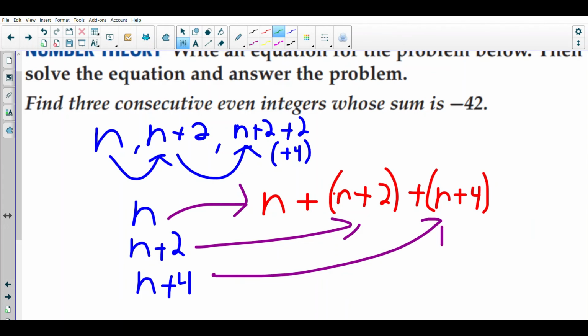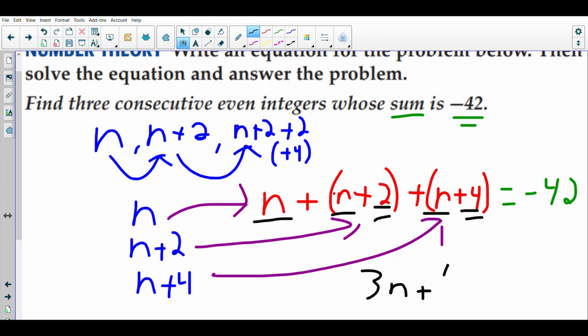And those are equal to the sum of -42. So now I'm going to go back to what we've learned in the past and combine like terms. n plus n plus n would be 3n. 2 plus 4 would be 6. So 3n plus 6 is equal to -42.